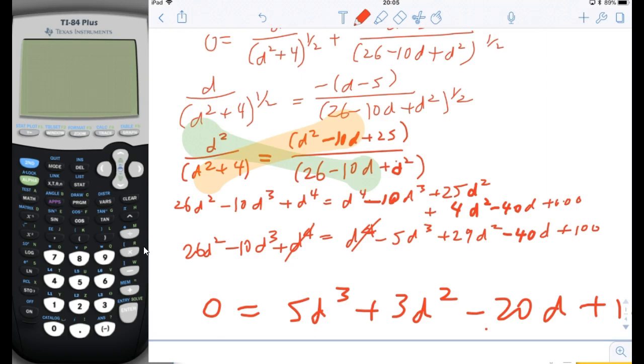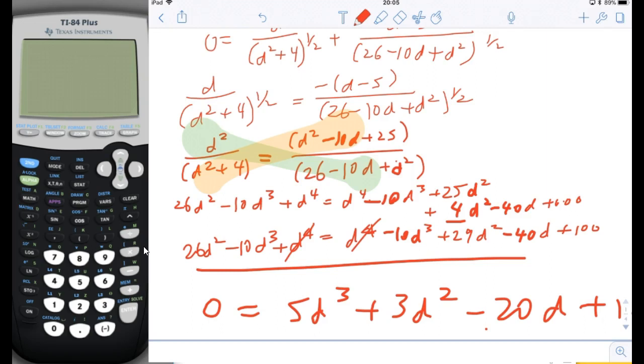Now we're going to combine like terms on the right side. So d to the 4th minus 10d cubed plus 25d squared minus 40d plus 100. Then we can start comparing the terms on the left and right side of the equal sign here. We can take out the d to the 4th because we have d to the 4th on both sides.